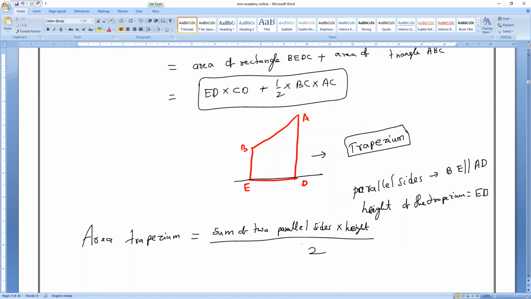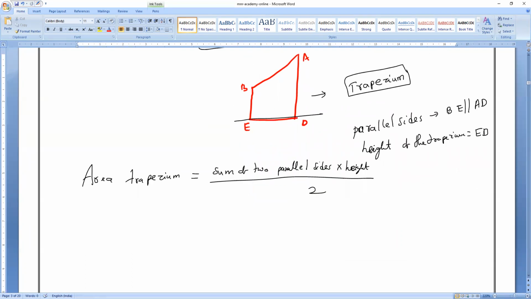That's all is the formula. Please learn it. Sum of two parallel sides into height divided by 2. So can you tell me what is the sum of the two parallel sides? Fastly. BE plus AD. Very good. BE plus AD. Next, into height.